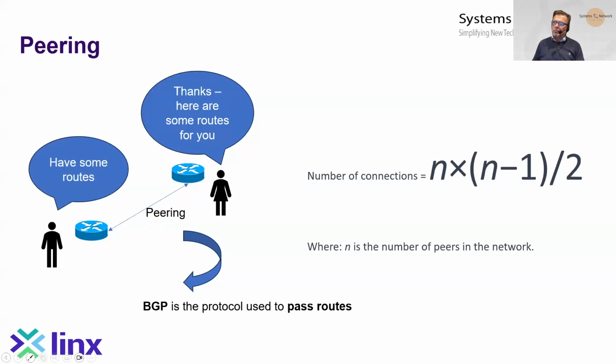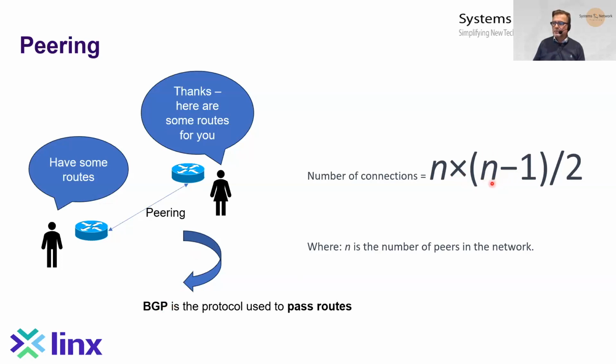Now, without route servers, if we want to provide direct connections between the routers of one organization and dozens or maybe hundreds of other organizations, then the number of these peering sessions using the BGP routing protocol is going to become a very large number.